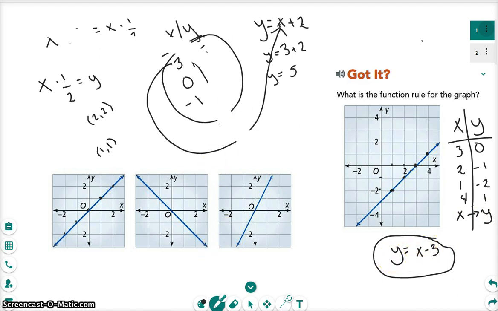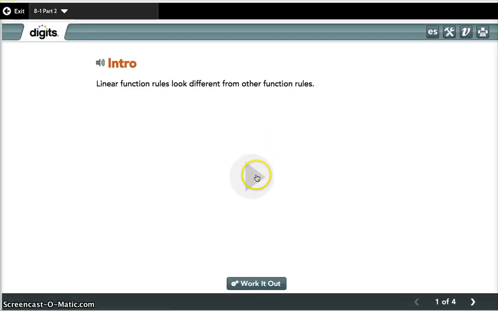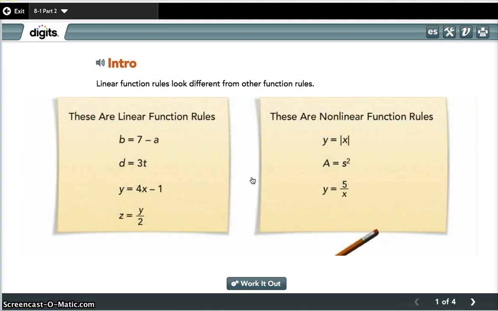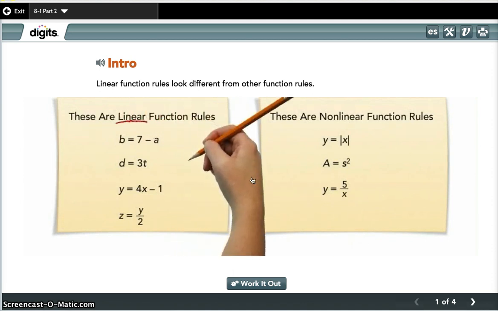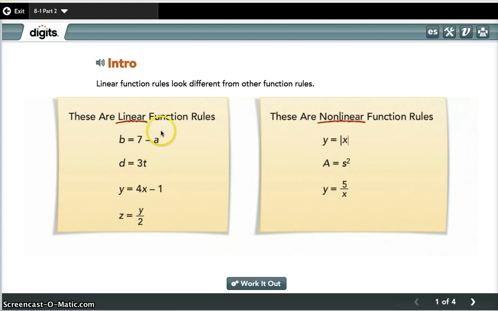All right, so we're going to jump back to Pearson here, move on to part 2. And here we're talking about the differences between what we call linear functions and nonlinear functions. Every time you have a line on a graph, it's either going to be linear or not linear. And there are certain rules that we can look at that result in linear or nonlinear functions.